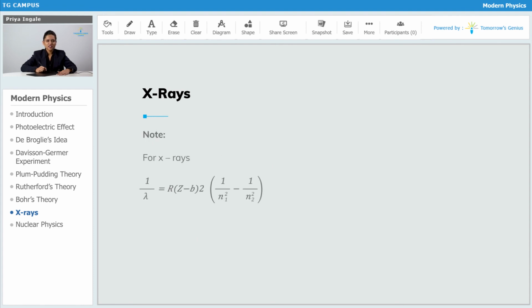Again for X-rays, the wavelength is given by, as you can see, 1 by lambda equals R into (Z minus b) whole square into (1 upon n1 square minus 1 upon n2 square), where we know that R is the Rydberg constant, Z is the atomic number, b is again the factor which depends on which characteristic you are getting, n1 is the lower energy level and n2 is the higher energy level.